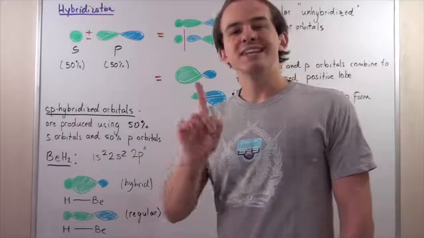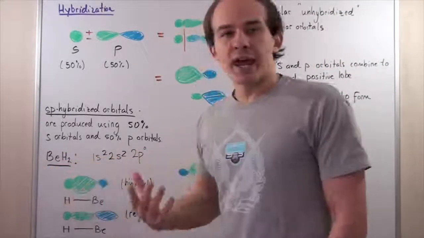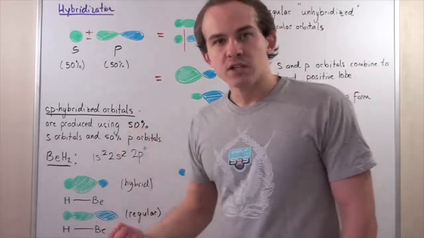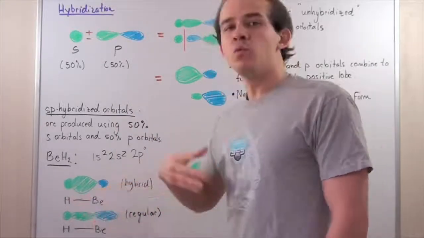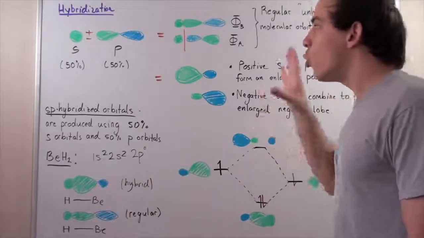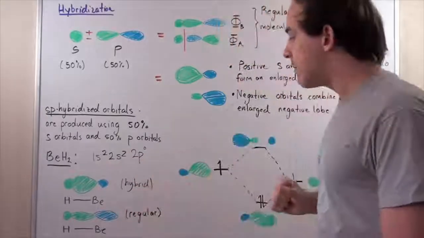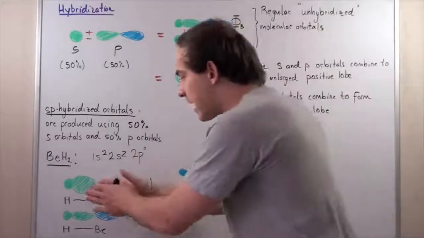So my question is the following. Will this Be donate a 2p orbital to bind with the H, or will it donate a hybridized orbital? In other words, which situation is more stable? Let's examine it this way. Let's draw out our pictures.